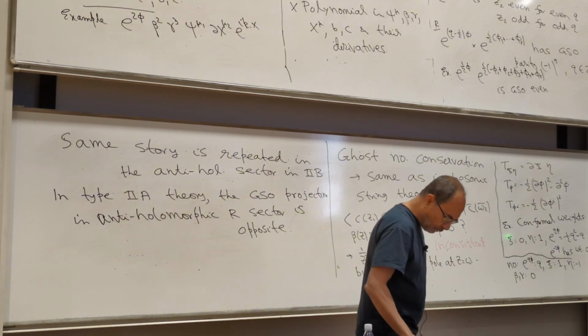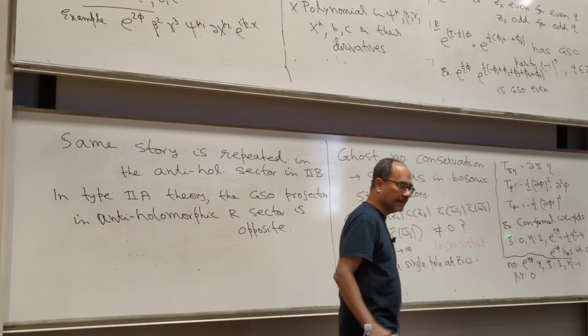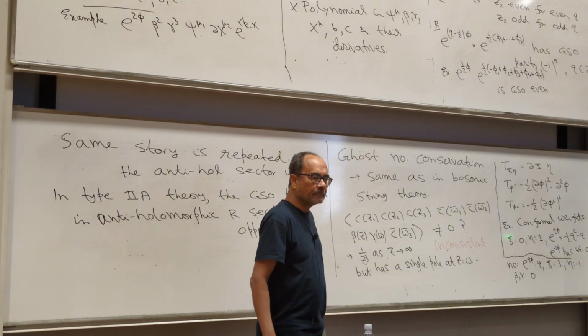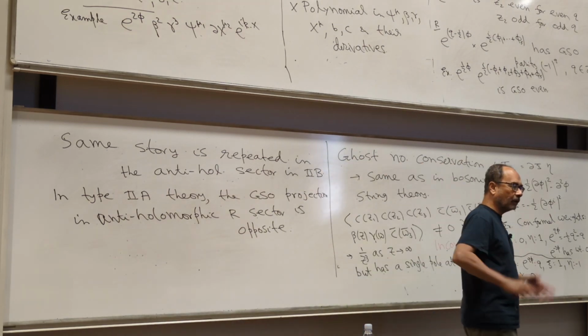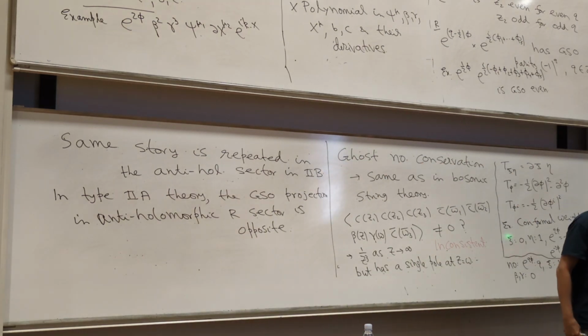Okay. So one can do a similar manipulation to what we did last time with the ghost number, and one can show that in order to get a non-zero correlation function, the total picture number has to be minus 2 in the holomorphic sector and minus 2 in the anti-holomorphic sector.